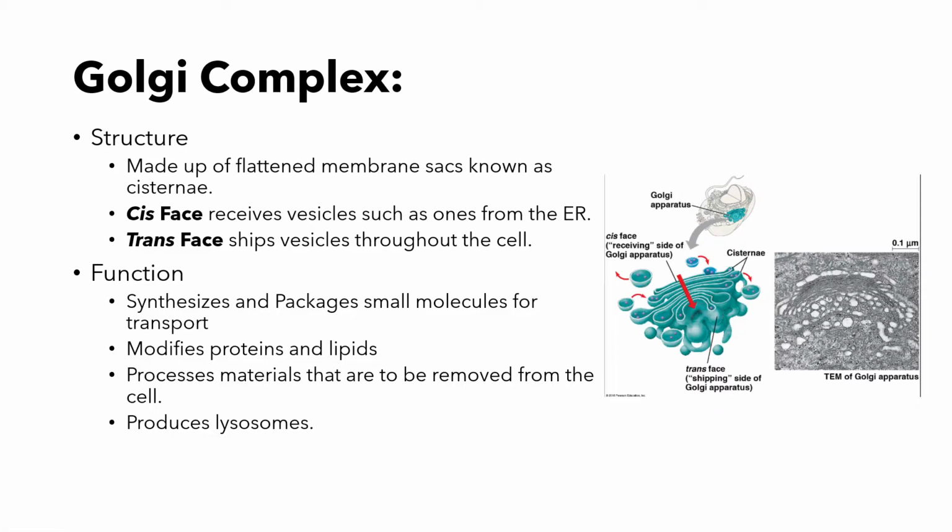So it may receive a small polypeptide, and it might fold it within the complex and then send it out in a vesicle to the trans face. The function of the Golgi complex is to synthesize and package small molecules such as polypeptides, and it also modifies the proteins and produces lysosomes and waste products that are to be removed from the cell.